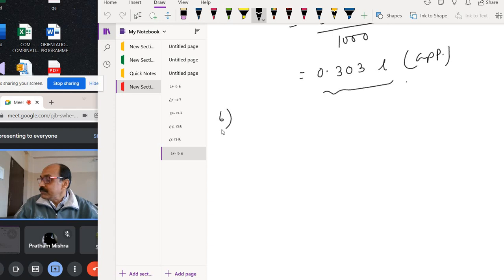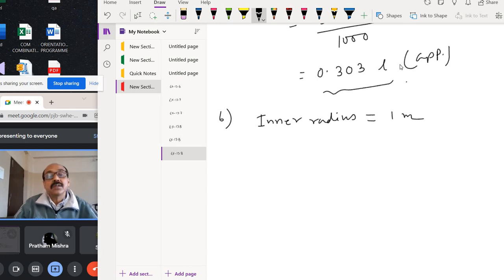So first convert unit. The inner radius of a tank is given as 1 meter.